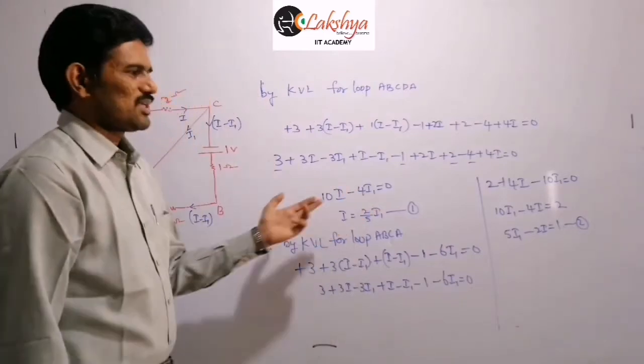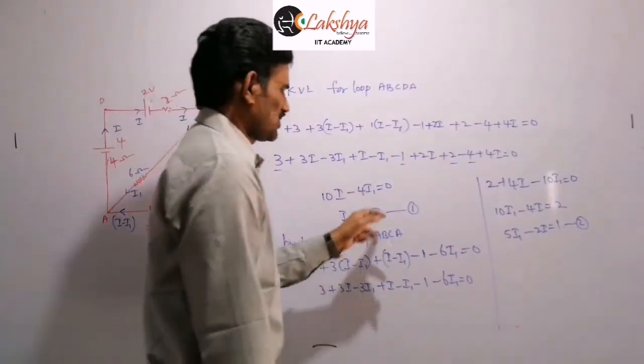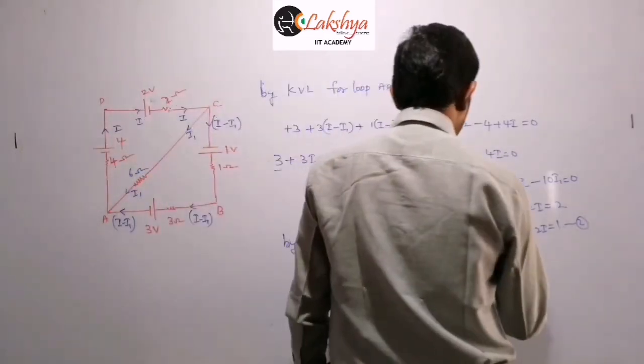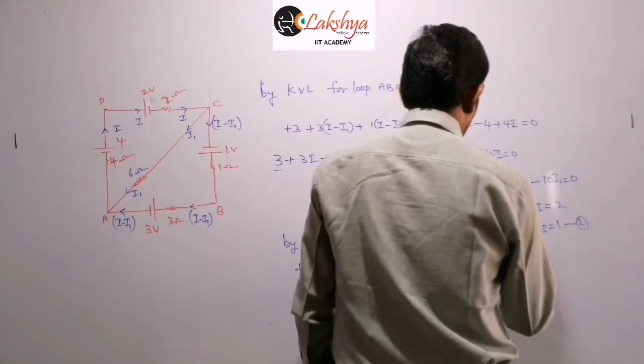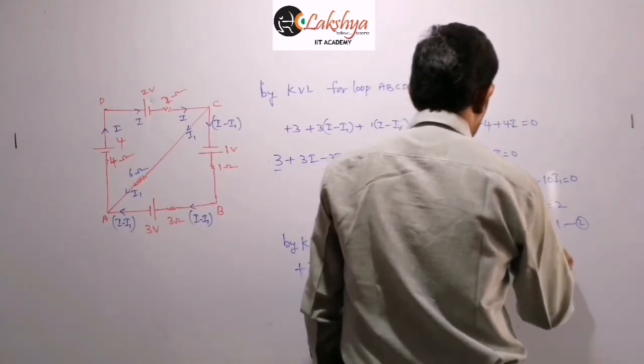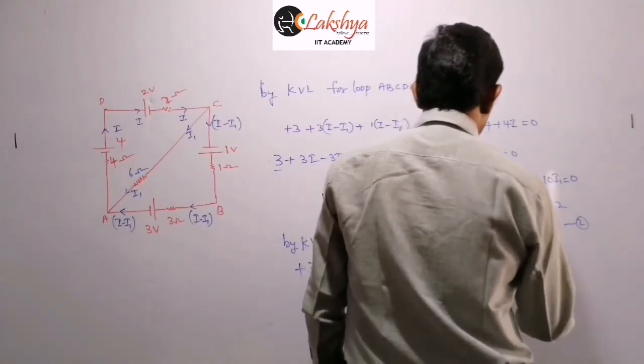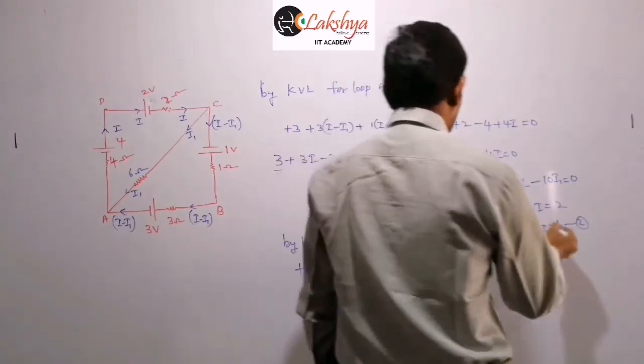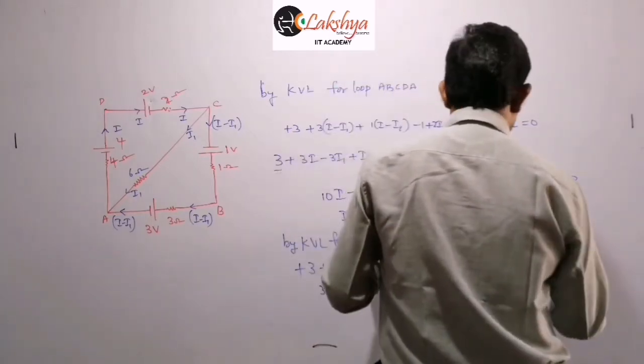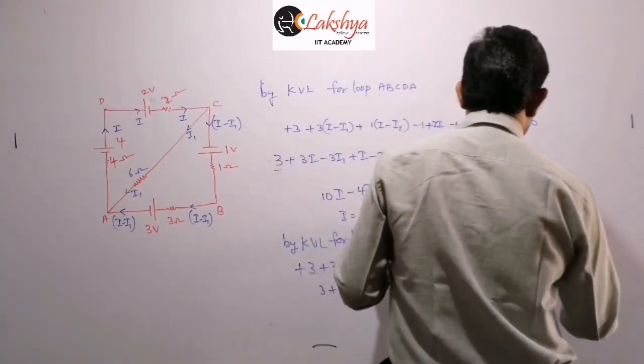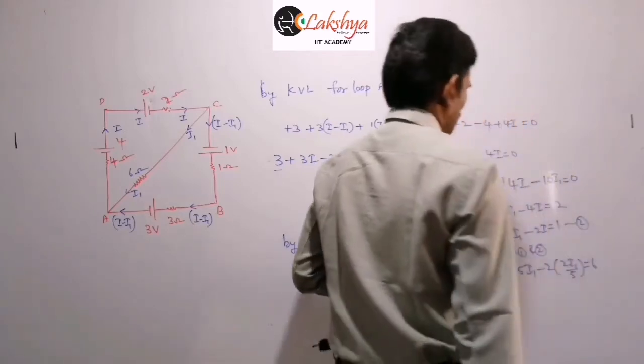Now by using equation 1 and 2, we can substitute this I value in that equation. From equation 1 and 2, 5i1 minus 2 into 2i1 by 5 is equal to 1.